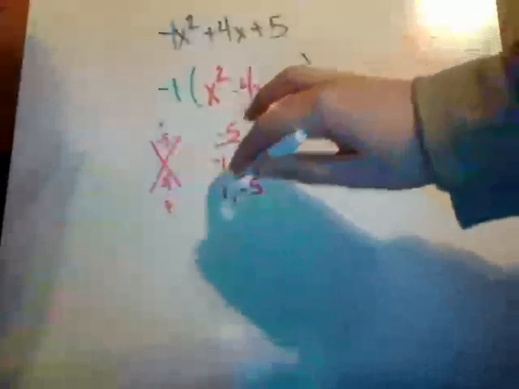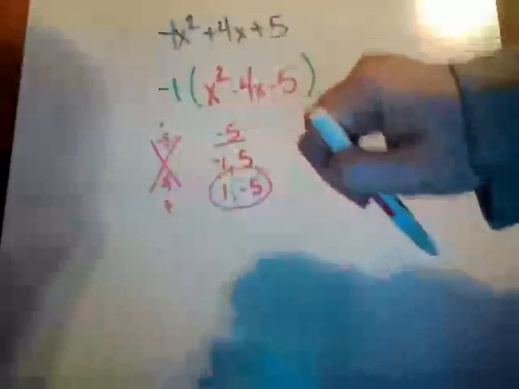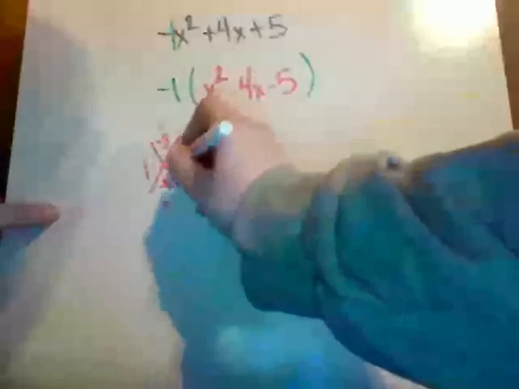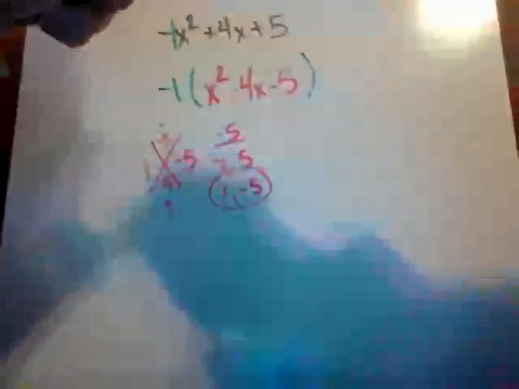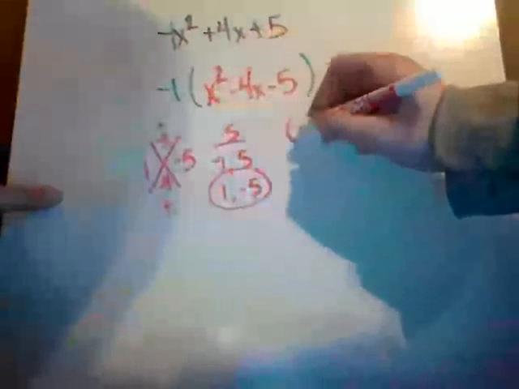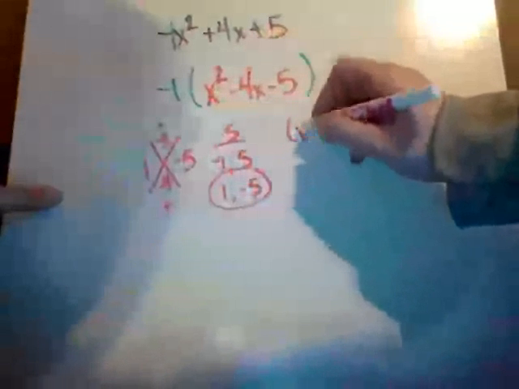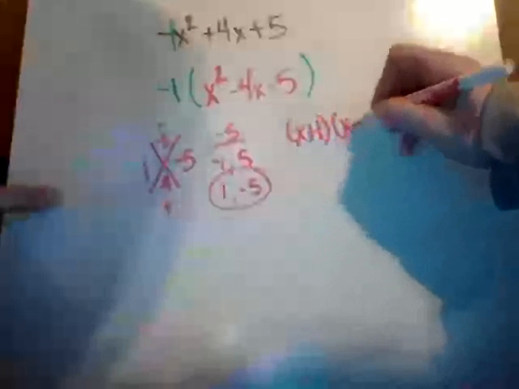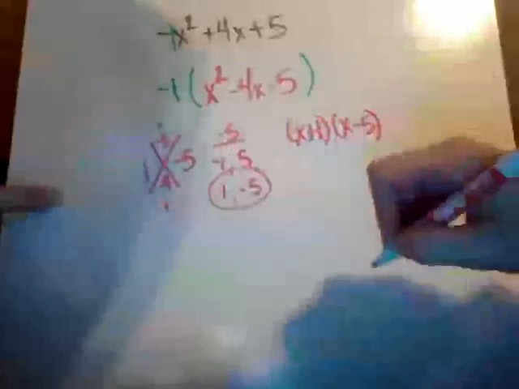To add to make negative 4, we need to use the 1 and the negative 5. So this is going to factor into x plus 1 times x minus 5.